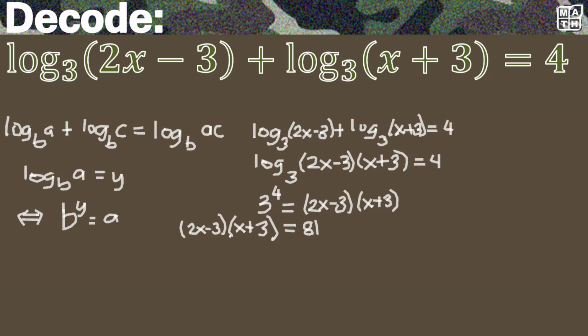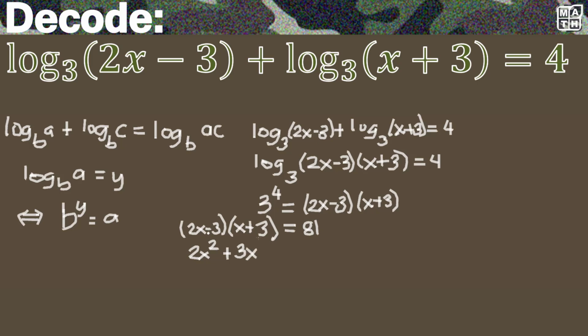as we are going to multiply this using the FOIL method. So 2x times x, you have 2x squared. The inner, negative 3 times x is negative 3x. Outer, 2x times 3 is 6x. So negative 3x plus 6x, you will have plus 3x.